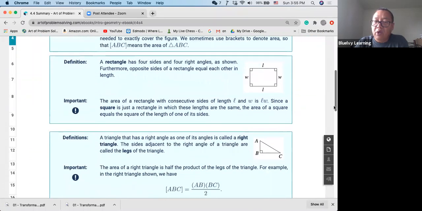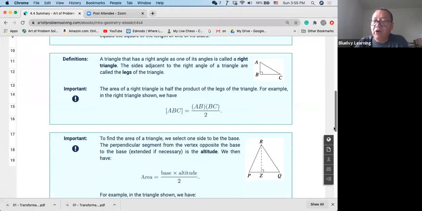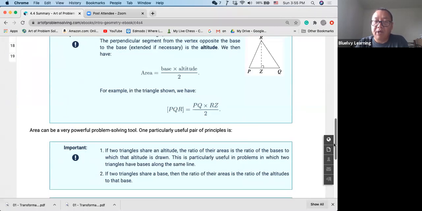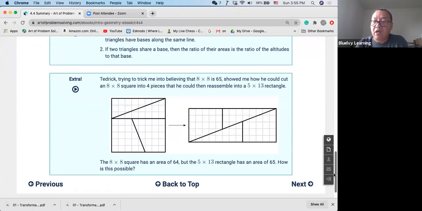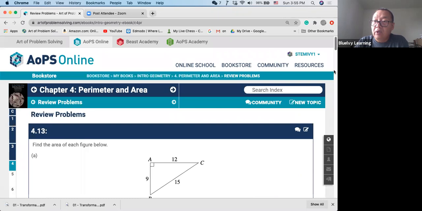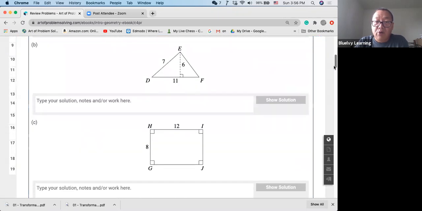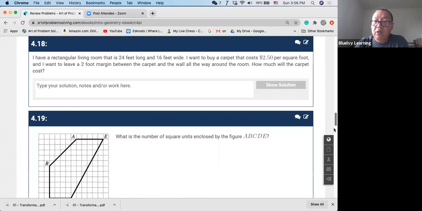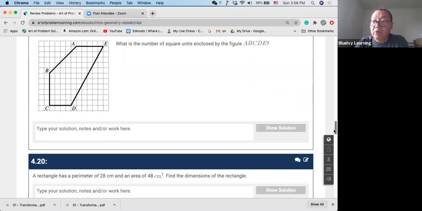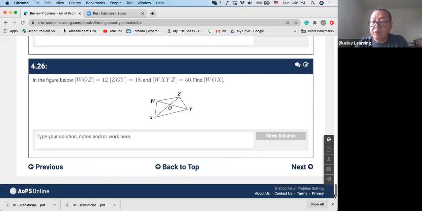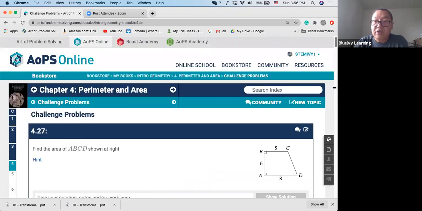Then what did you learn about calculating the area of a triangle? Just use base times altitude, then divide by 2. That's what we learn in this chapter. Now, your homework: you also need to finish all the review problems and the challenge problems in this chapter.